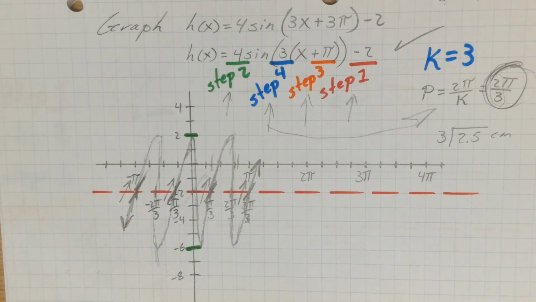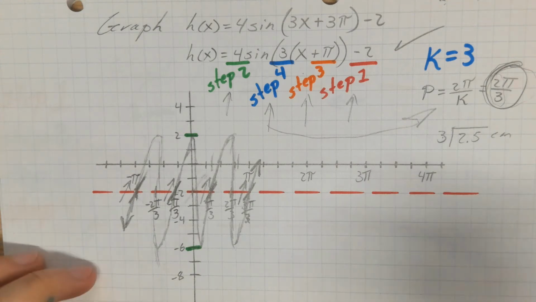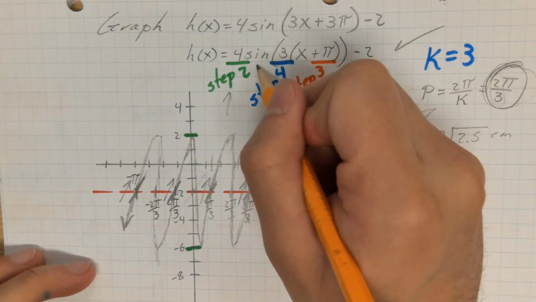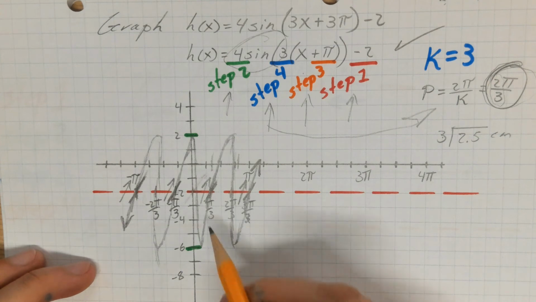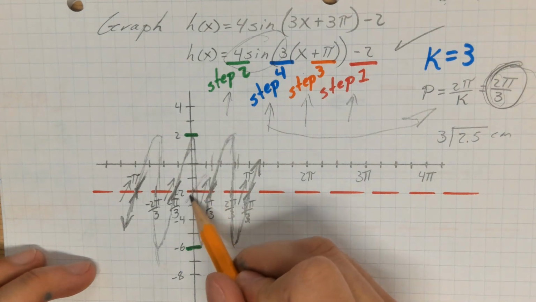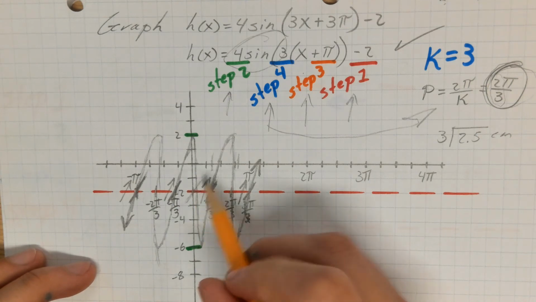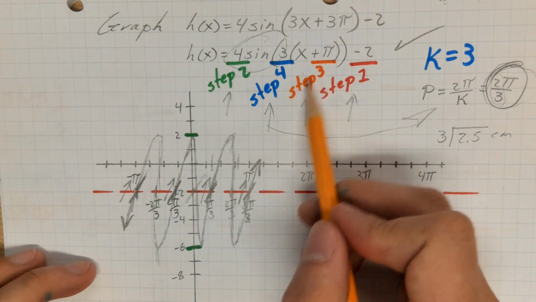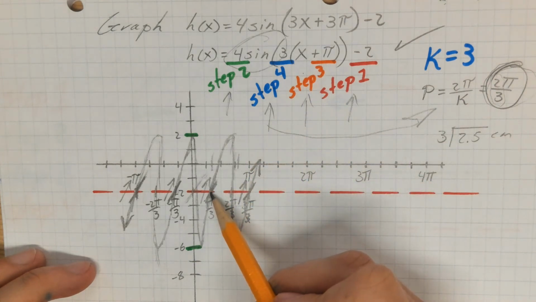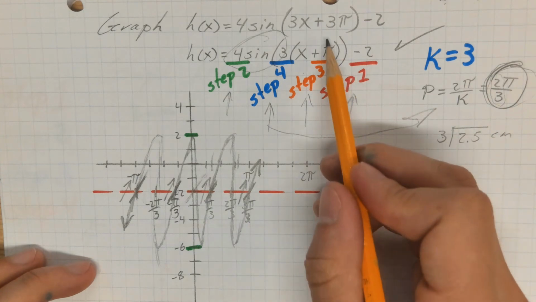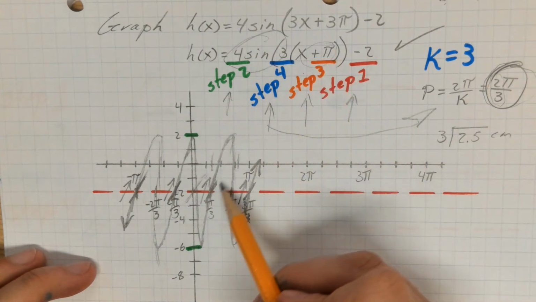Again, just to reiterate, I'm working with the graph of sine. So I started by drawing that little piece of sine, which I know goes through the origin. Then I shifted the graph based on step 3. I shifted the graph this many units, in this case pi units, to the left.